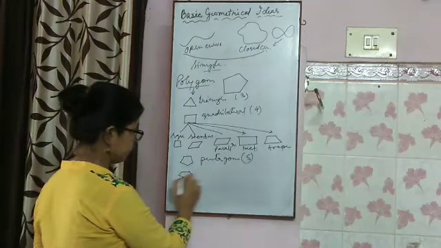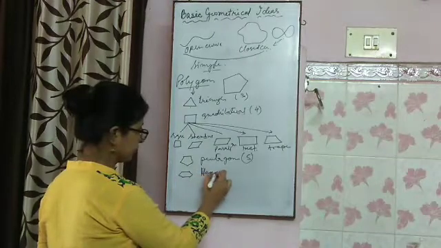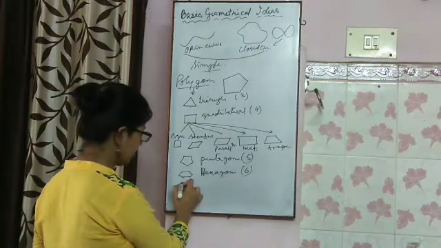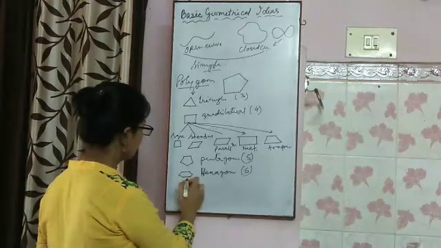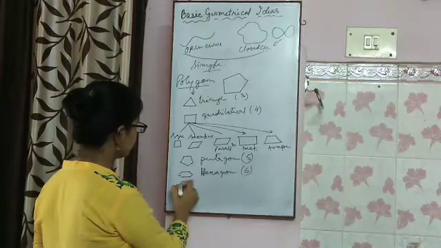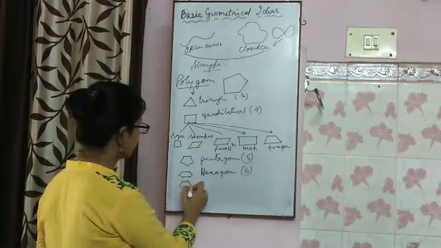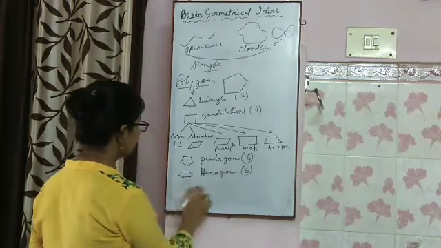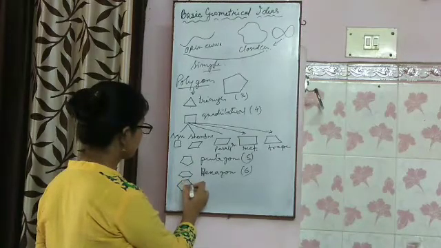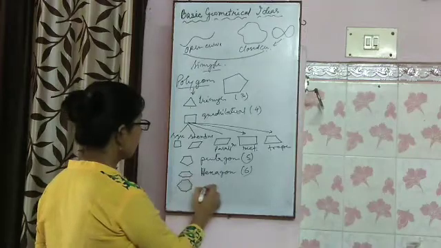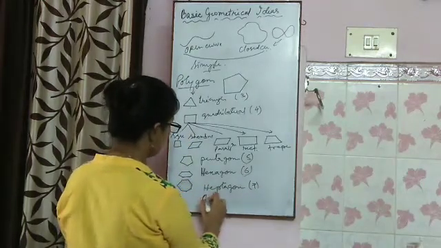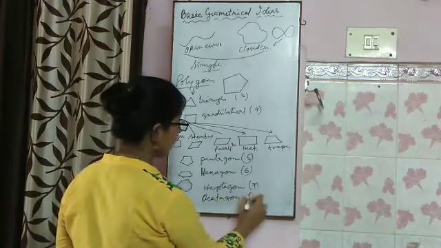Hexagon, 6 sides. Heptagon, 7 sides. Octagon, 8 sides.